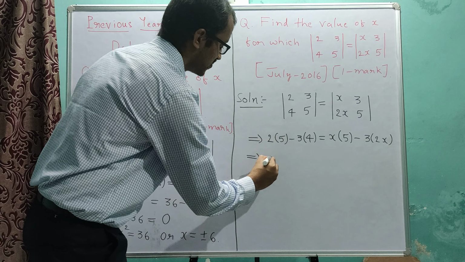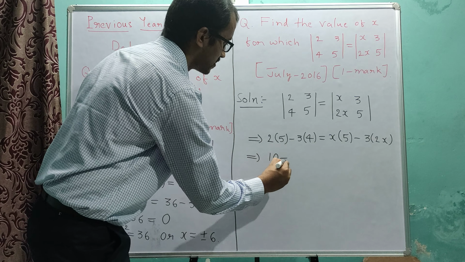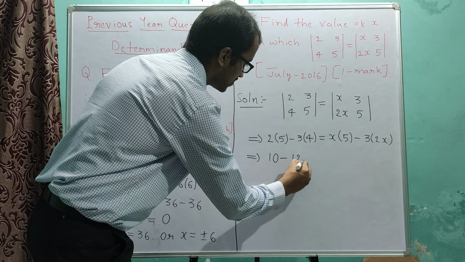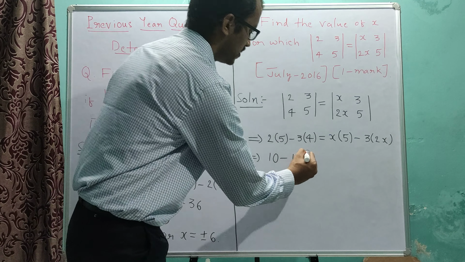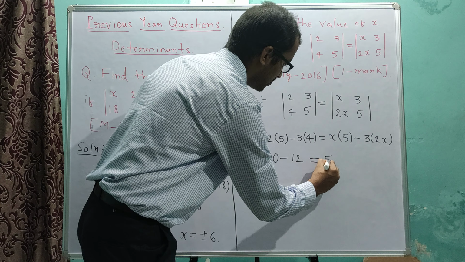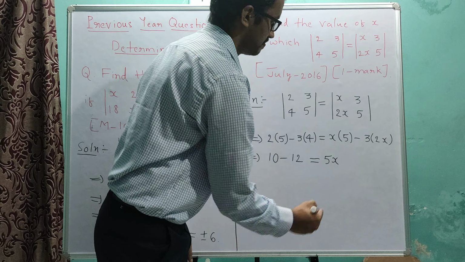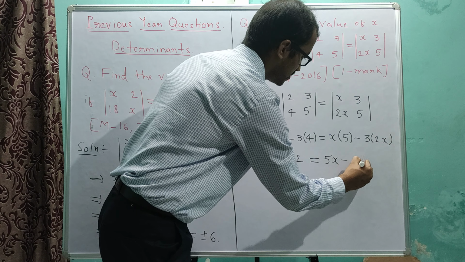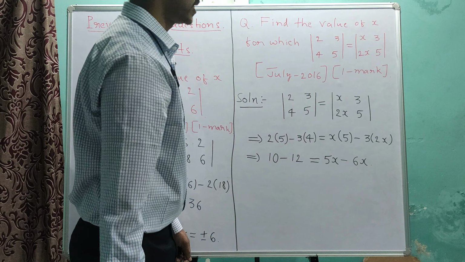So that is 2 into 5 becomes 10, minus 3 into 4, 12, is equal to x into 5, 5x, minus 3 into 2x, that is 6x.